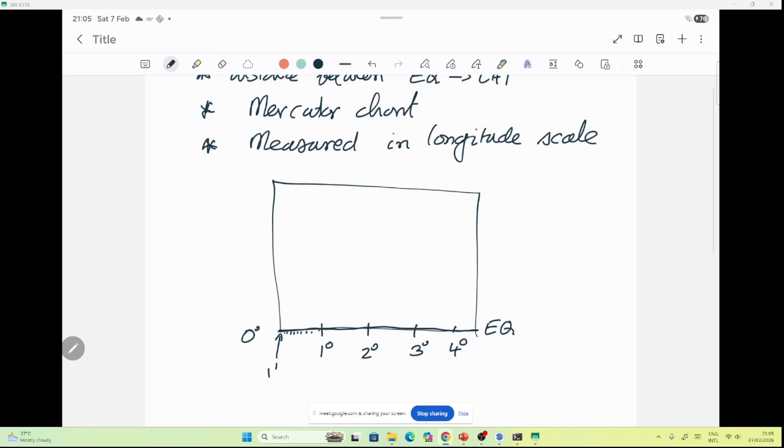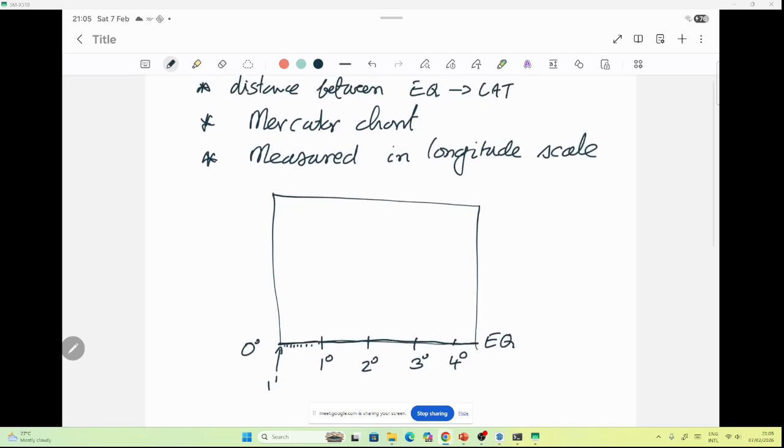Then what does this mean? Distance between the equator and latitude. Now I just wanted to draw where 10 degrees north is in this chart. So how to find it out?